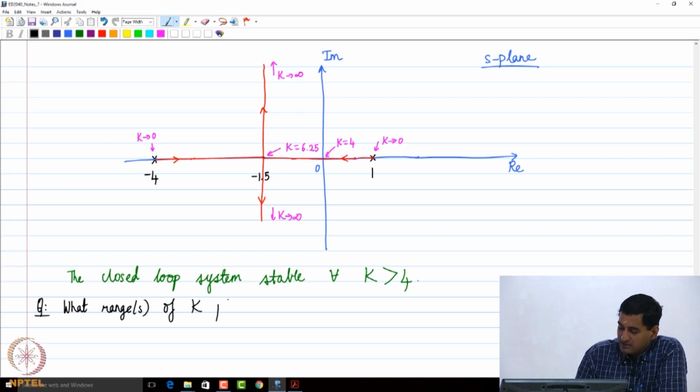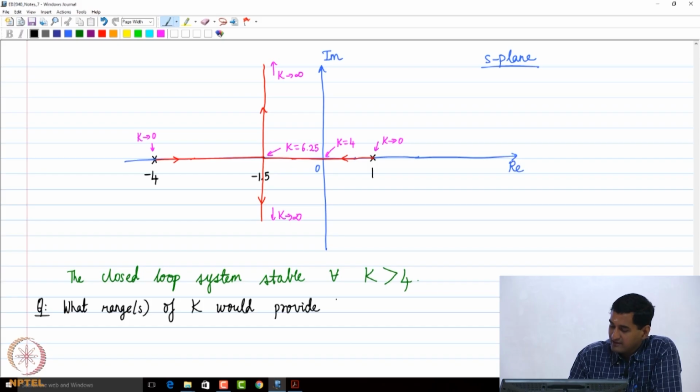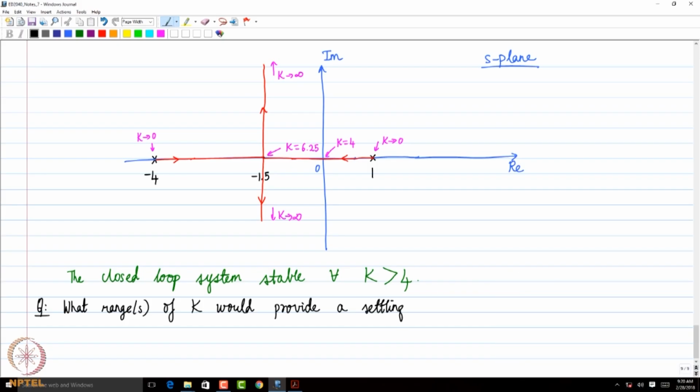would, see, closed loop stability is for K greater than 4, would provide a settling time, of course using the 2% criterion, less than 4 seconds.